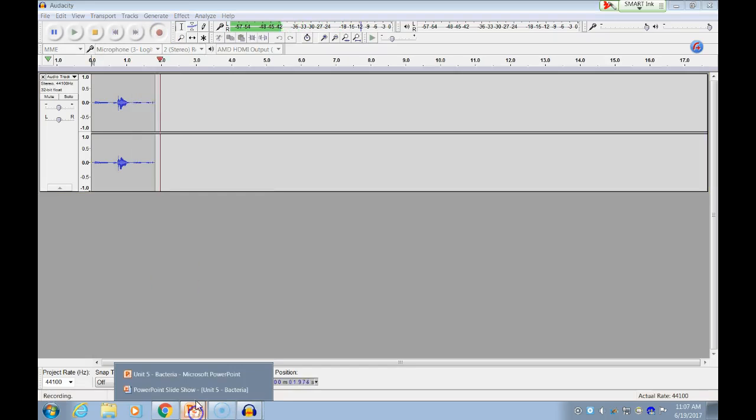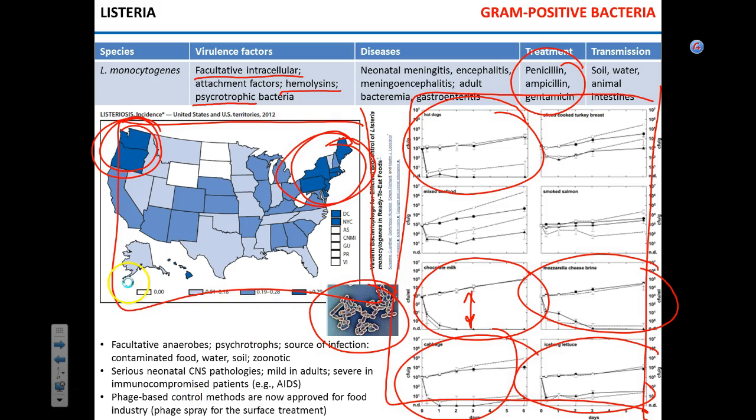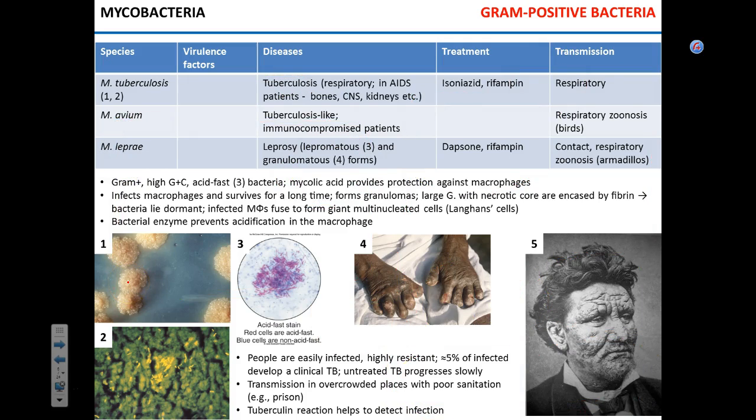Okay, so we keep going with our microbial parade, and the next genus on the list is Mycobacterium. You may feel a little confused here, thinking, come on, it's not gram-positive, it's acid-fast. Well, if you think about the structure of the cell wall, it looks like gram-positive.